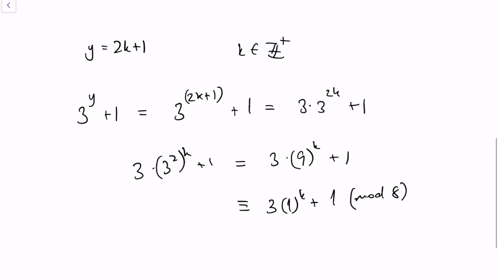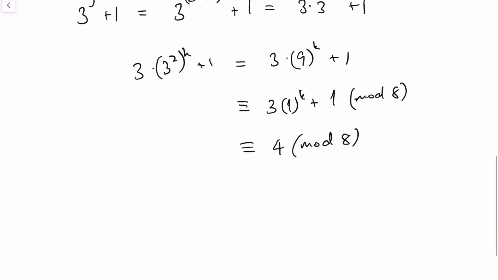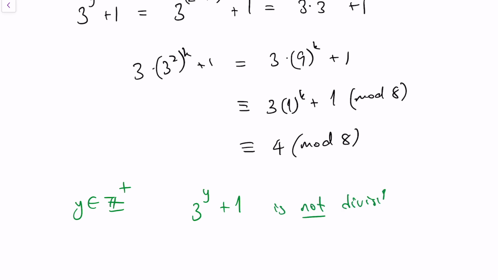So this number is the same as 4, since 3 plus 1 is 4 in mod 8. This shows that for a positive integer y, the number 3 to the power of y plus 1 is not divisible by 8. Now, what does that mean?